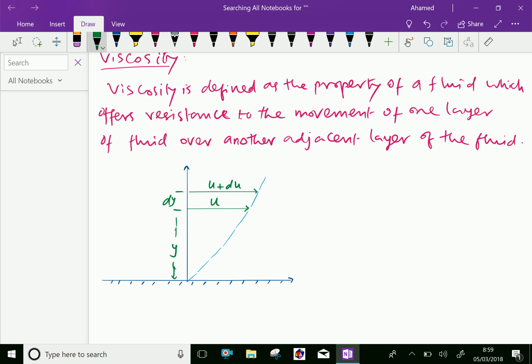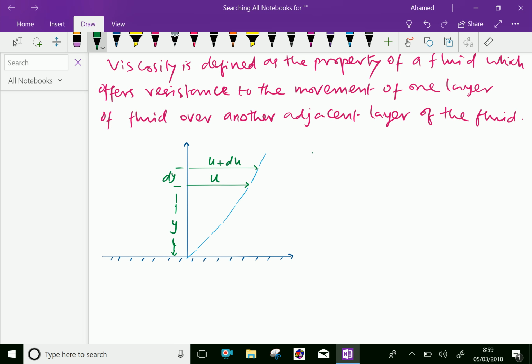The shear stress is proportional to the rate of change of velocity with respect to y. It is denoted by the symbol tau. Now here the tau is directly proportional to the rate of change of velocity with respect to y.